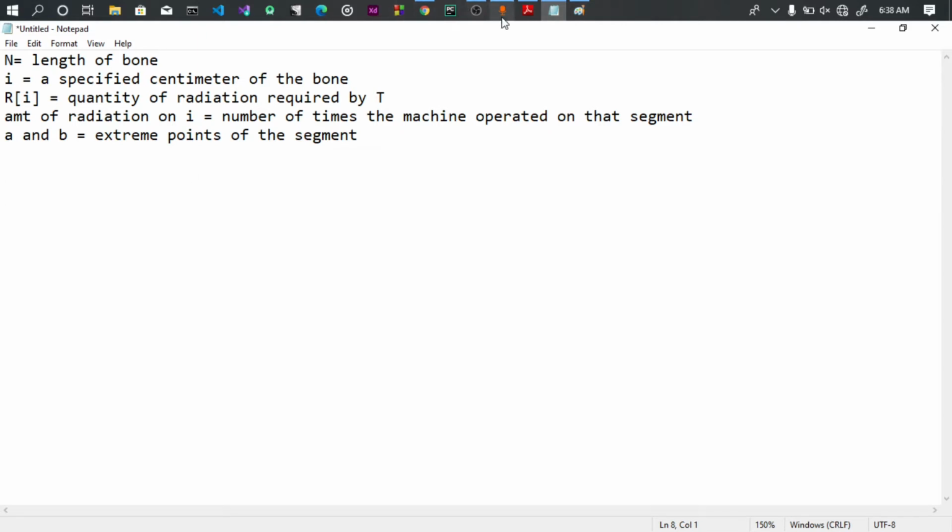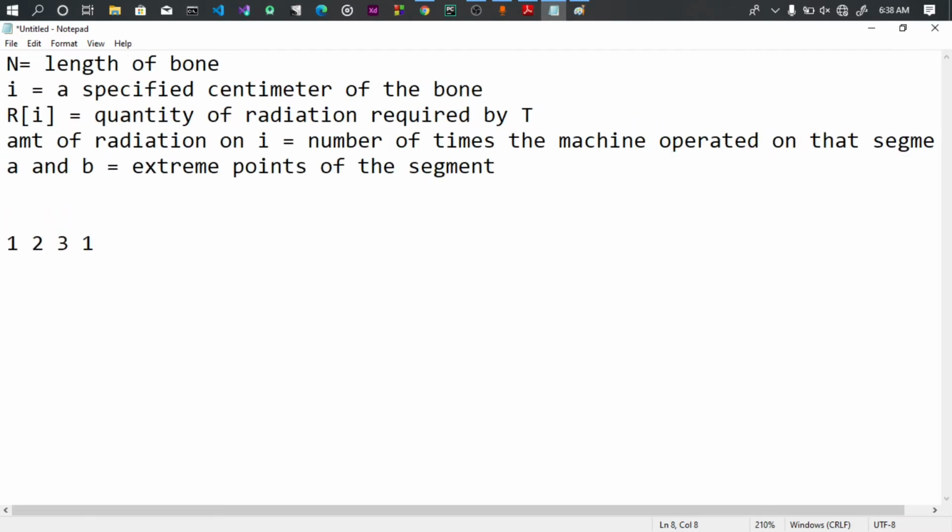So for our first test case, we have 1, 2, 3, and 1 as the values, or the maximum number of radiations required on each segment, which we are going to visualize as empty holes that need this particular amount of radiation to be filled up.